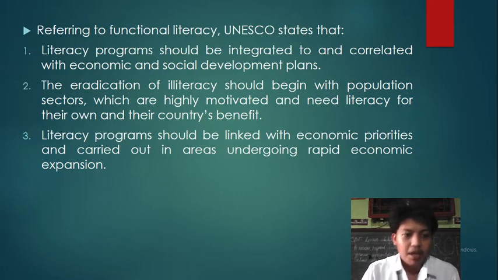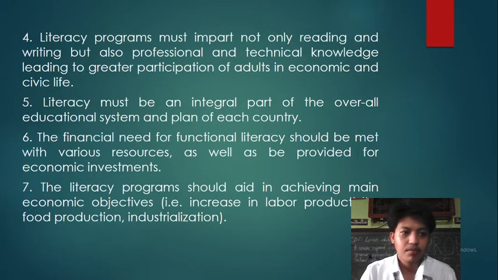Number three, literacy programs should be linked with economic priorities and carried out in areas undergoing rapid economic expansion. Number four, literacy programs must impart not only reading and writing but also professional and technical knowledge, leading to greater participation of adults in economic and civic life.